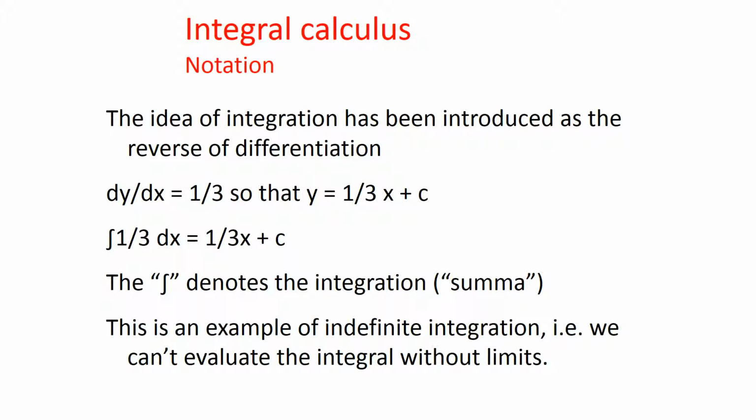We're working out the area underneath this graph, but we're not limiting it to anywhere, so this could go on forever. It's impossible to work out the area under the graph because we're not providing any limits, and that's why we have this constant of integration, because we don't know the limits.